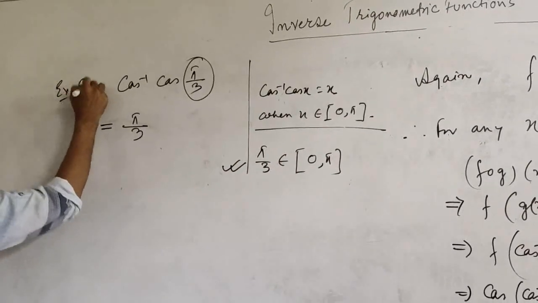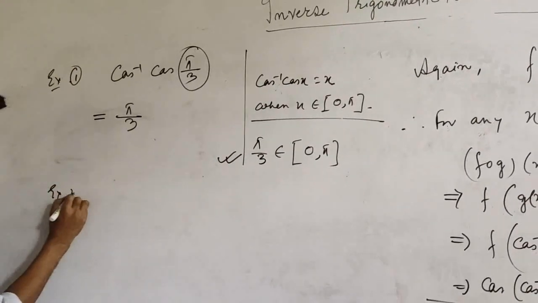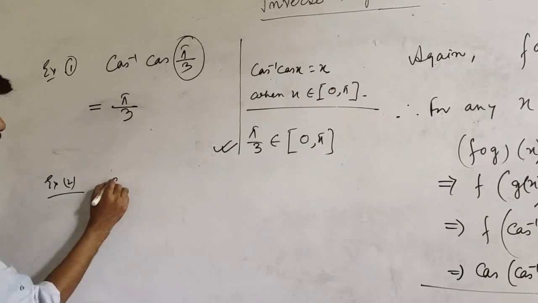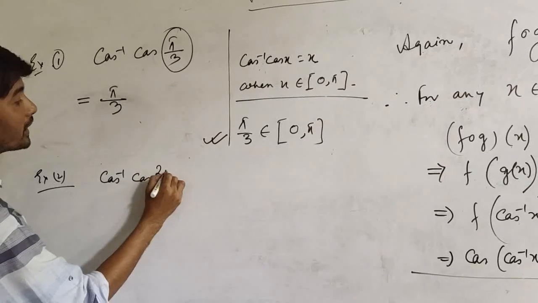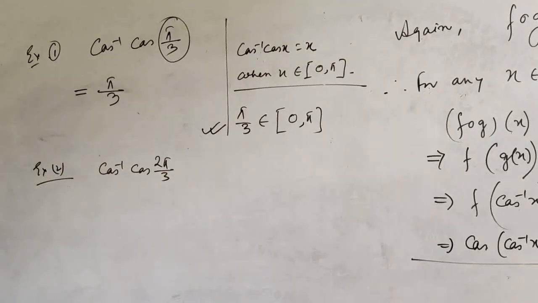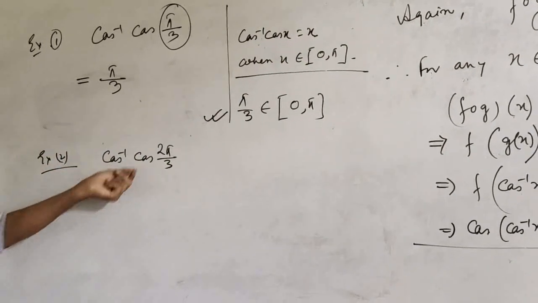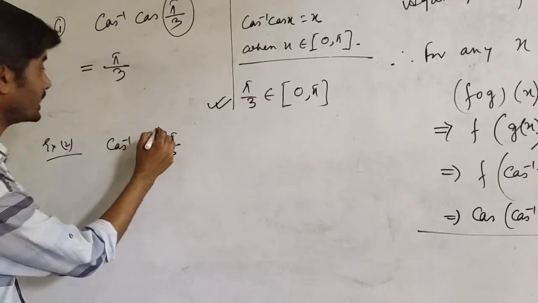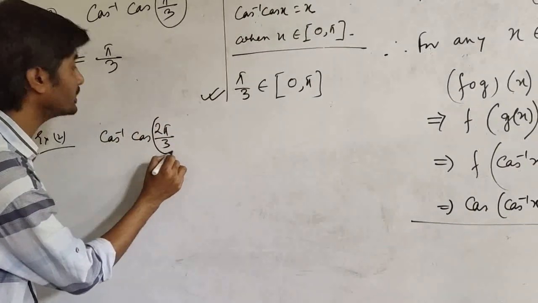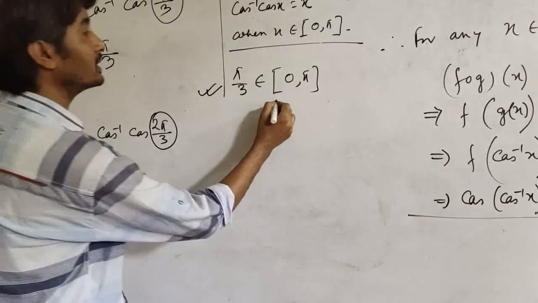One more example I want to take. Example 2: cos inverse cos 2 pi by 3. Here the angle is taken as 2 pi by 3. Again you see, we need to check whether this 2 pi by 3 belongs to this interval or not.